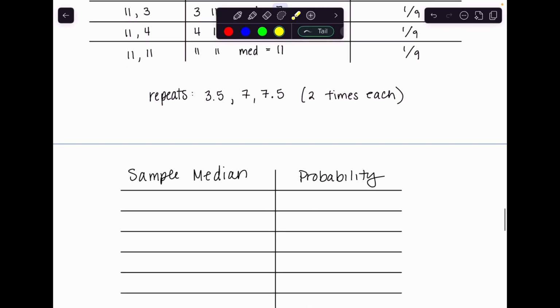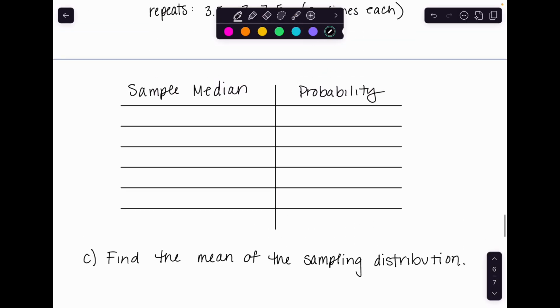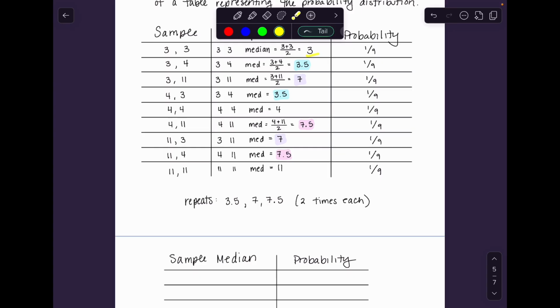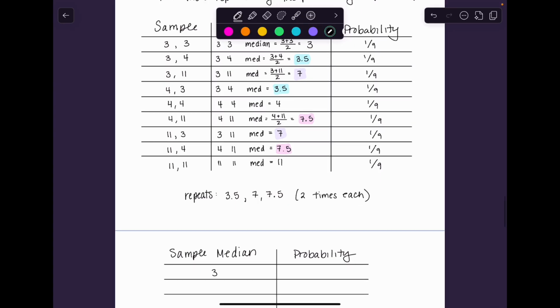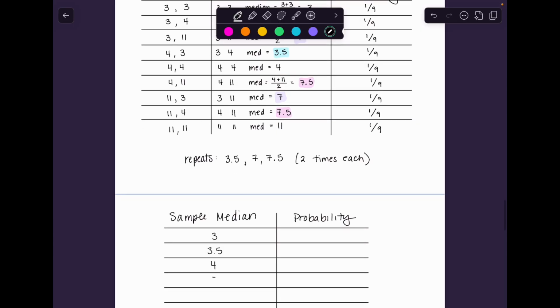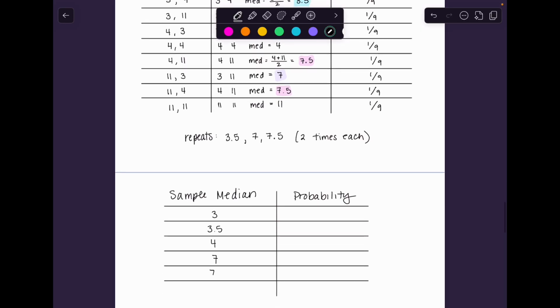So condensing down to my probability distribution, going back up here, my smallest median is 3. Then it's 3.5. Then it's 4. That's my next one. And then after that, it's 7, 7.5, and finally 11.